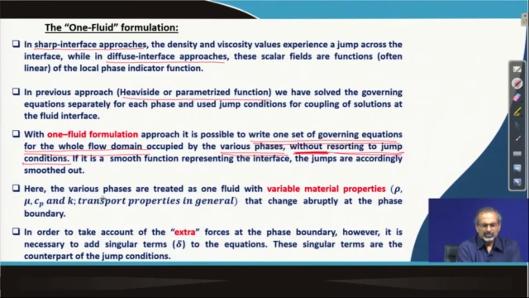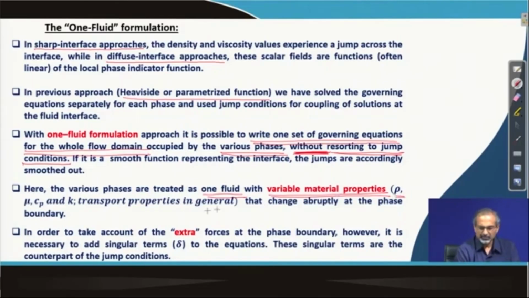So, in this approach, the various phases are treated as one fluid, but with variable material property. We have to keep in mind that we do not have distinct definitions of two or more fluids separated by interfaces, but rather as if the same fluid is moving around with variable material properties in different regions, and these different regions form different phases.